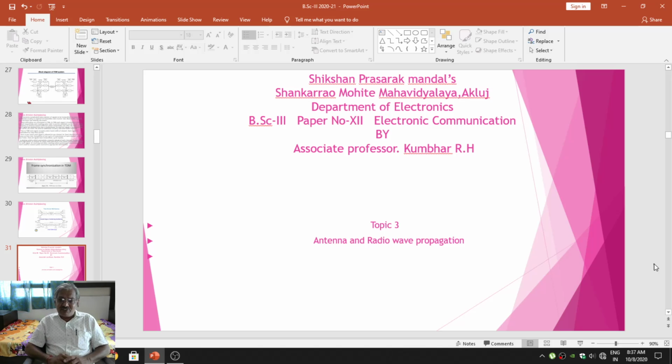During this particular process, what is the role of transmitting antenna and also what is the role of receiving antenna, and what are the different paths which are available to travel the signal from transmitting antenna towards the receiving antenna. We are going to see how the signal passes through the space, through the atmosphere, and through the cable, whether the cable is simple coaxial cable, television cable or optical fiber cable.